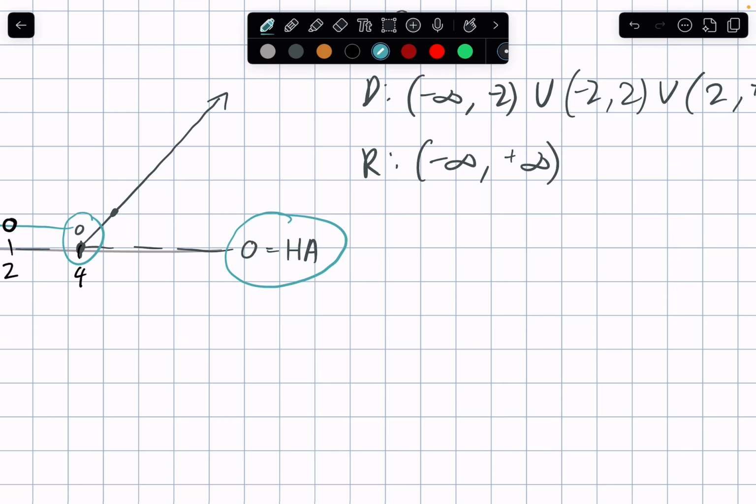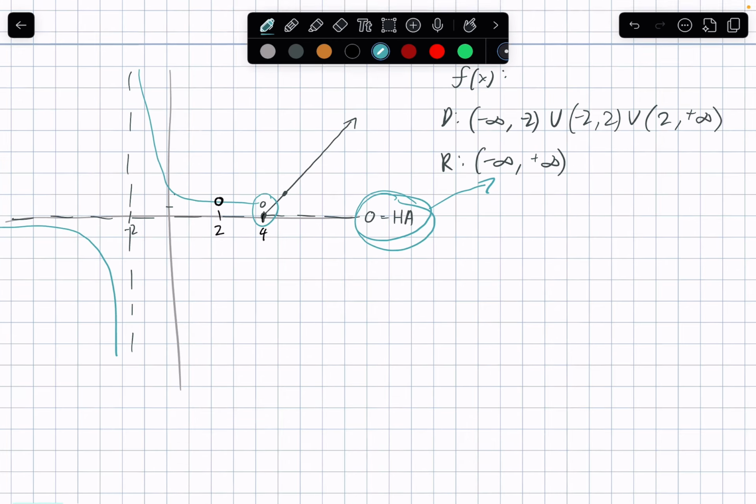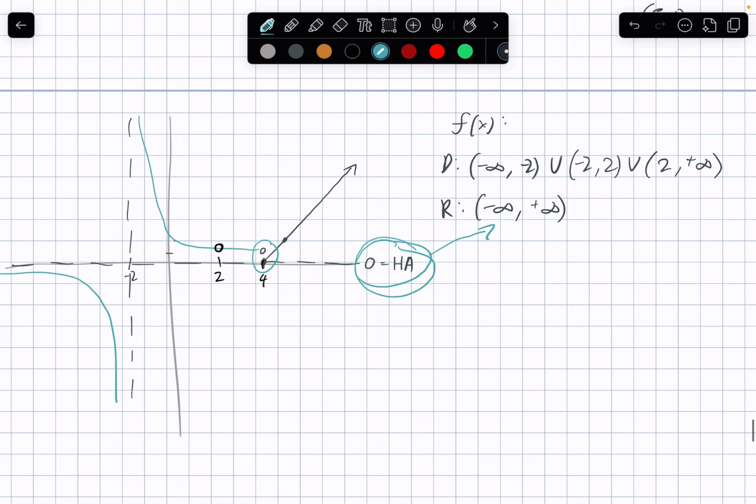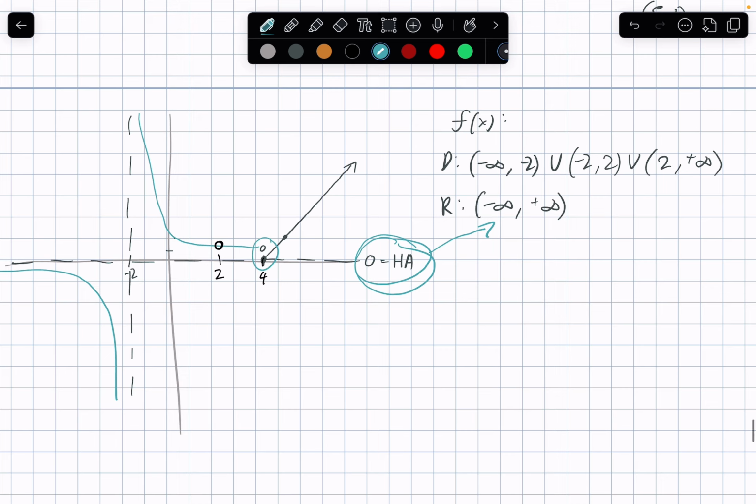But then since the horizontal asymptote is 0, it is technically supposed to be part of the range. So yeah, I think that's one of the conditions you also have to consider. It just so happens that it's like that. It doesn't change. That's always the case.